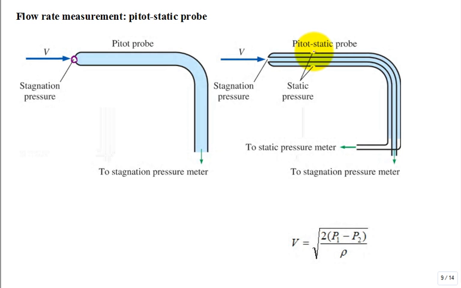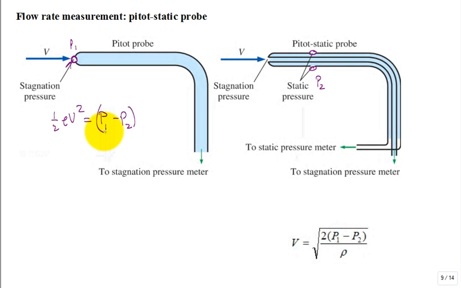So if you're measuring the static pressure in the fluid using the ports on the side, the pressure at the tip will be the stagnation pressure. It'll be greater than the static pressure by the amount of the dynamic pressure. So the pressure at, let's say, 1, the tip, minus the pressure 2, the static pressure on the sides of that pitot probe, will be equal to the dynamic pressure.